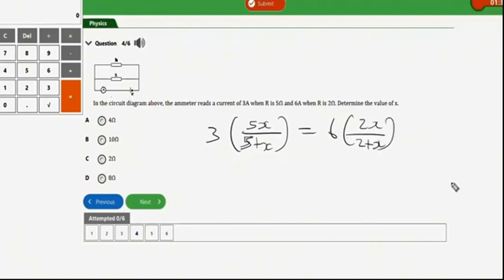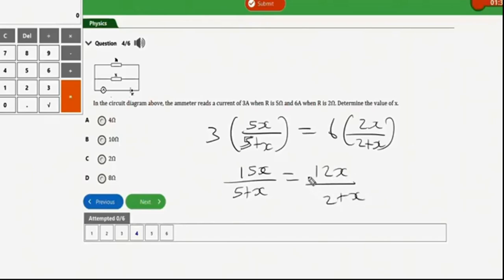So this is the formula we're going to apply to solve this kind of question. Okay, so let's begin to break this down. We're going to have 15x over 5 plus x equals 12x over 2 plus x.